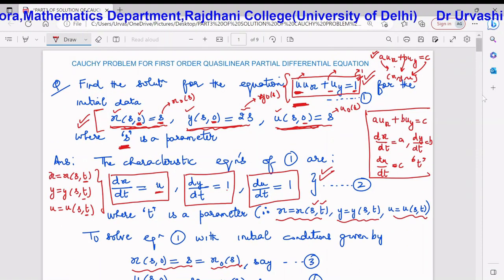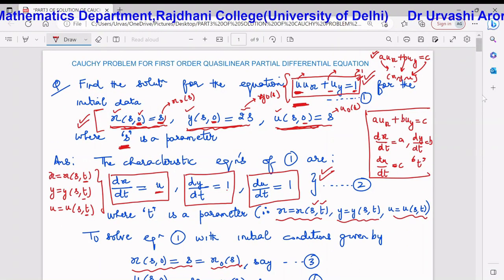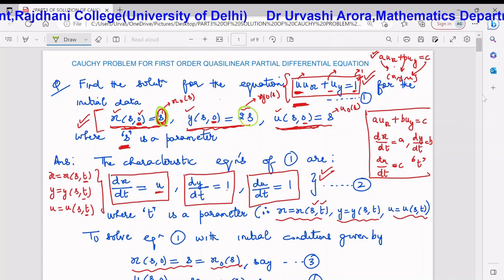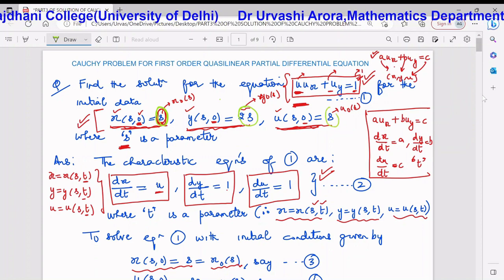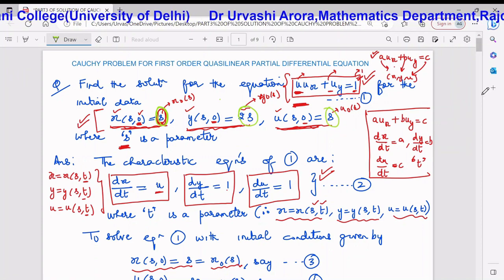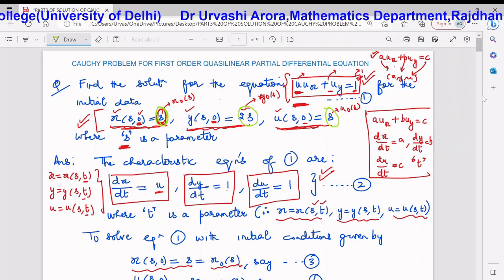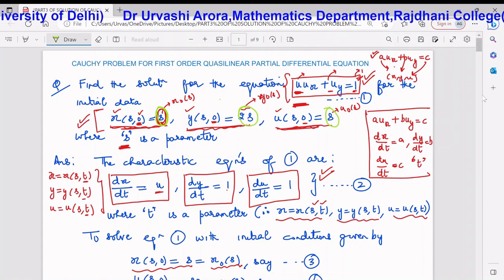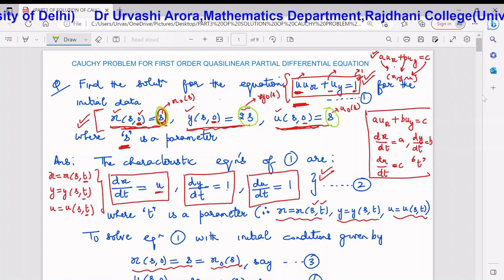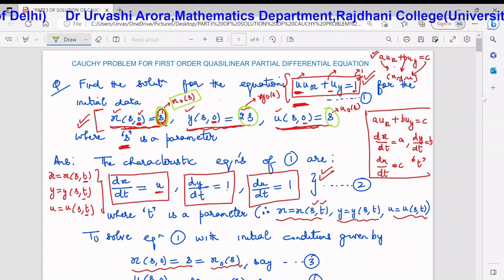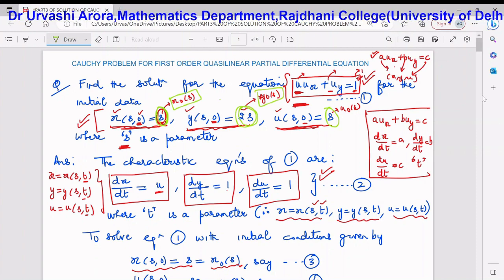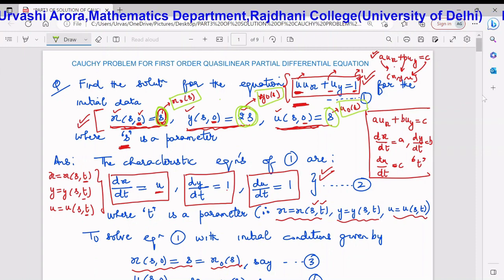In this particular case, this s refers to x naught s, this 2s refers to y naught s, and this s refers to u naught s. But in a different question it might be different. So this expression will vary from question to question, but in any case the right hand side will always stand for x naught s, this right hand side will stand for y naught s, and this right hand side will stand for u naught s.